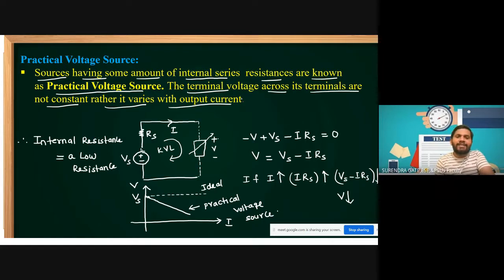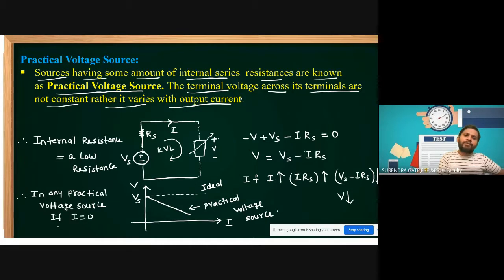If the current is not there, V equals Vs. In any practical voltage source, if the load is not connected, if it is open circuit, so I equals 0, what is the terminal voltage?